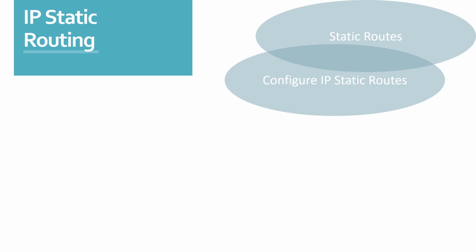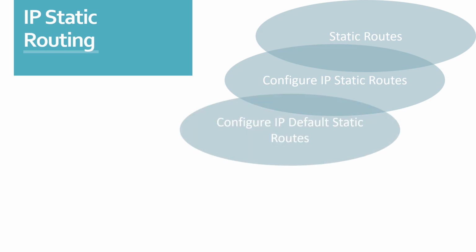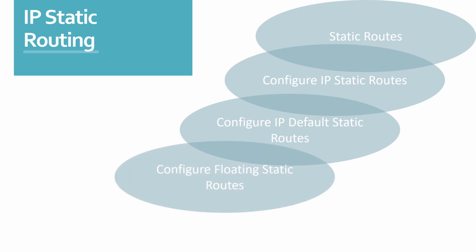We will configure IPv4 and IPv6 default static routes, and we will configure a floating static route to provide a backup connection. Lastly, we will configure IPv4 and IPv6 static host routes that direct traffic to a specific host. Every time we go through this configuration, we will explain each kind of static route and the difference between them.